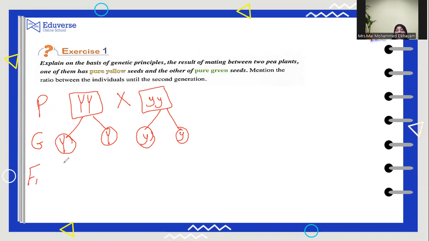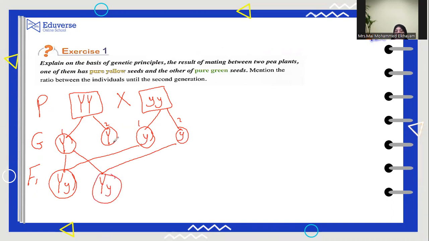First generation. Let's do it. 1, 2, 1, 2. 1 with 1, Y capital, Y small. 1 with 2, Y capital, Y small. 2 with 1, Y capital, Y small. 2 with 2, Y capital, Y small.